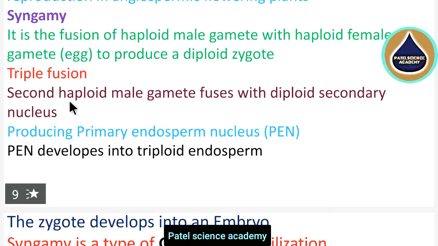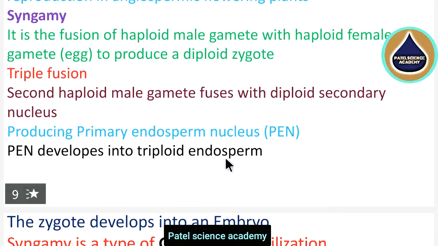Triple fusion: the second haploid male gamete coming from the pollen tube fuses with the diploid secondary nucleus located at the center to form the PEN, the primary endosperm nucleus. PEN formation is the result of the second fertilization, and formation of the zygote is the result of the first fertilization.